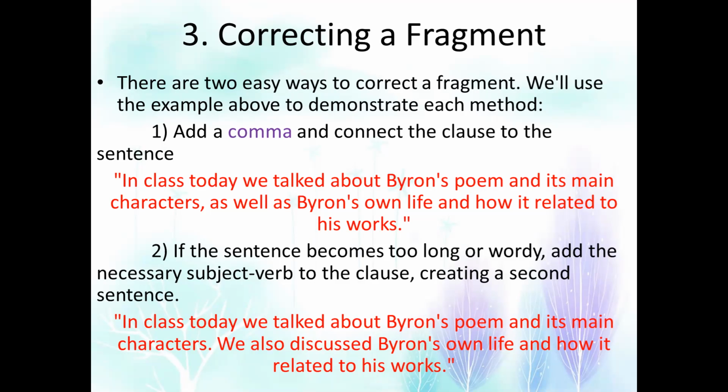For example, in class today, we talk about Byron's poem and its main characters, as well as Byron's own life and how it's related to his works. The second way, if the sentence becomes too long or wordy, is to add the necessary subject and verb to the clause and create a second sentence.